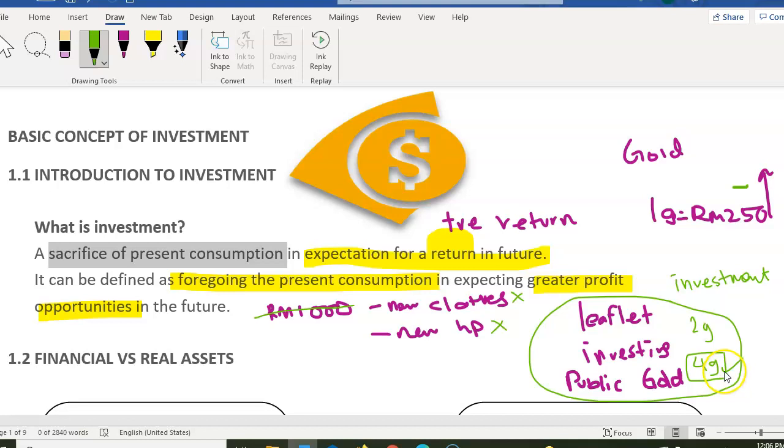This is whereby you are actually making profit. So instead of using the 1000 to buy new clothes and a new handphone, you are doing it for investment. Your money is safe there and some more you will get some profit.